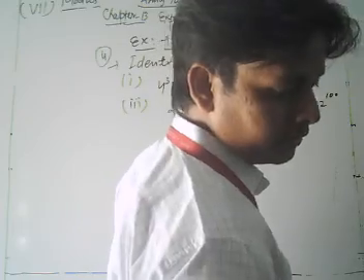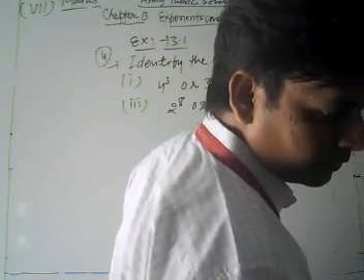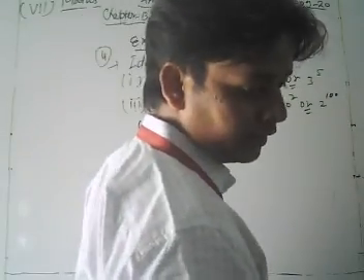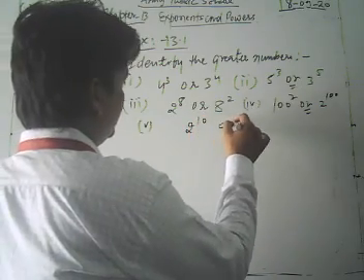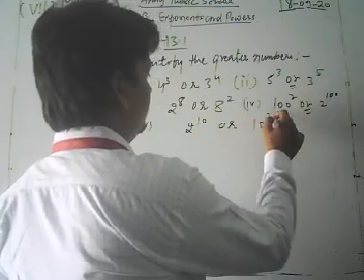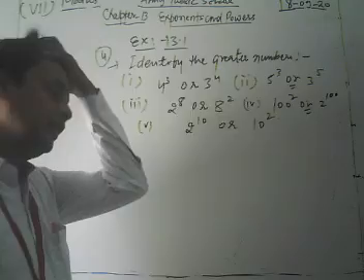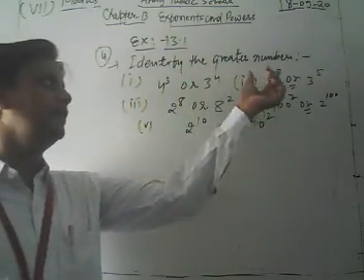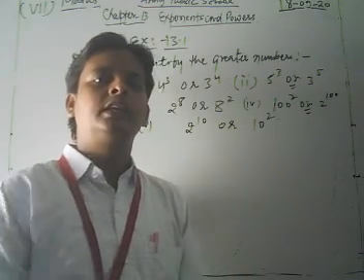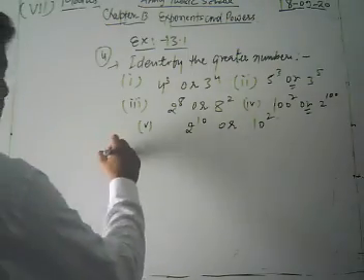And the last part, the fifth part of this question, is 2 to the power 10 or 10 to the power 2. This is the question here. What is the question? Here the question is to identify the greater numbers. So in this question we identify the greater numbers. Let's see its solution. What is the process?